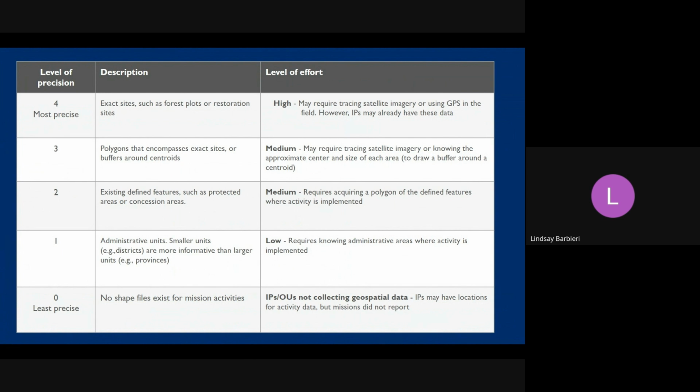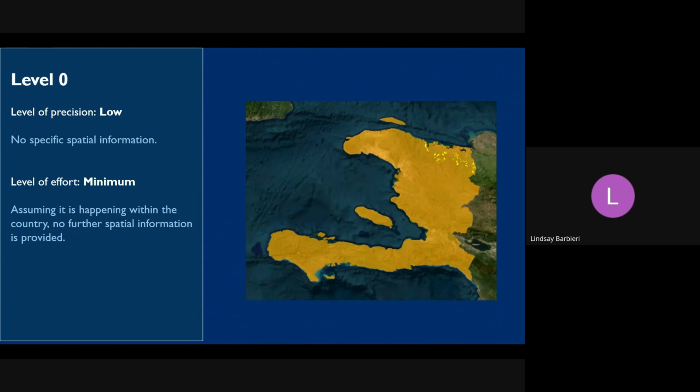And then at level 0, our least precise, if no shapefile exists for these activities, then we might just be reporting at the country level, so at the national level. So if we go to the next slide, we'll actually see an example of what this could look like.